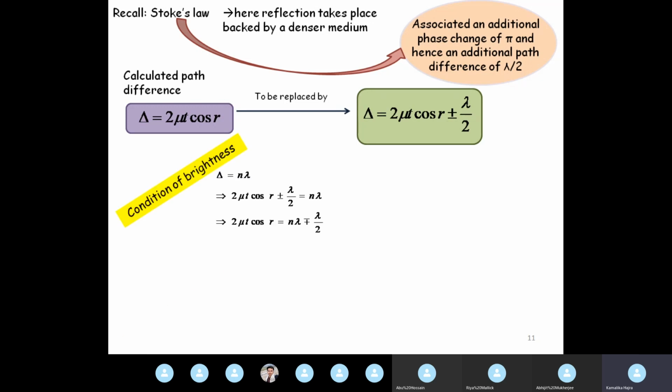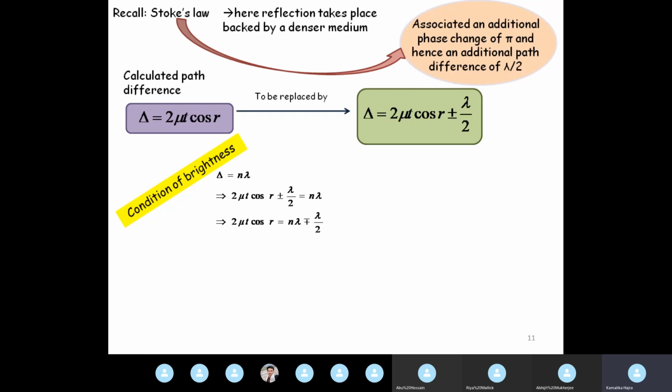So now that we know the expression of path difference, we are very comfortable in finding the condition of brightness and darkness, because we know that for brightness the path difference should be integral multiples of the wavelength. So delta equal to n lambda.